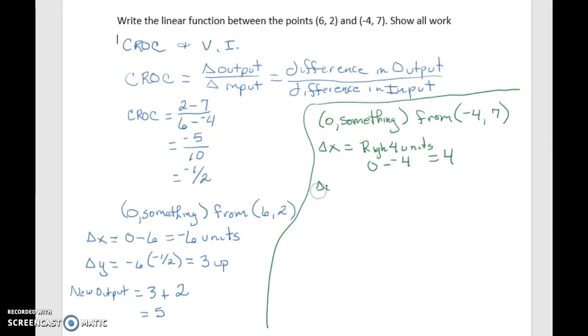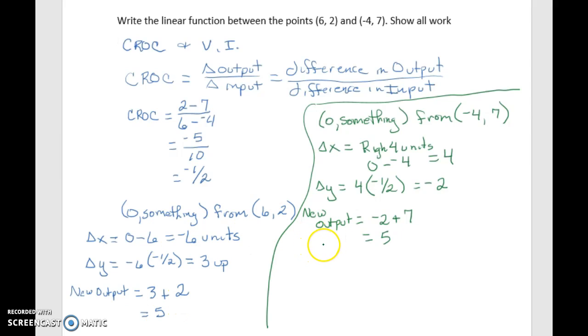And now we want the change in y. And so we use the change in input, so 4 times the rate of change, which is negative 1/2, and that gives us a change of negative 2, or that means we went down 2 units from 7, so negative 2 plus 7 is going to give us that same 5 that we found in the other ordered pair 6, 2.